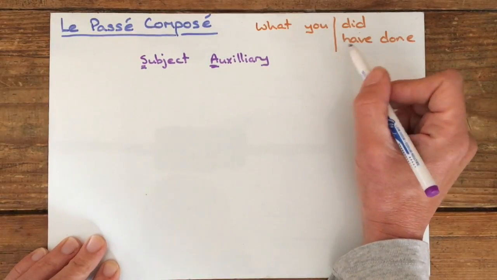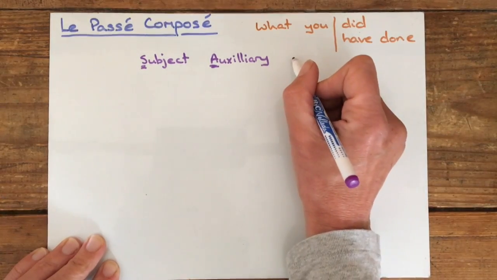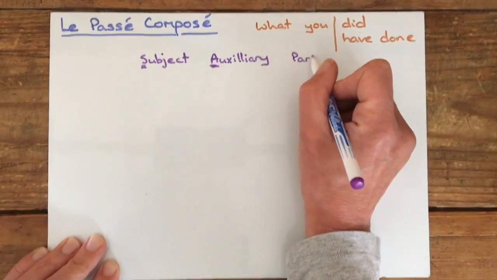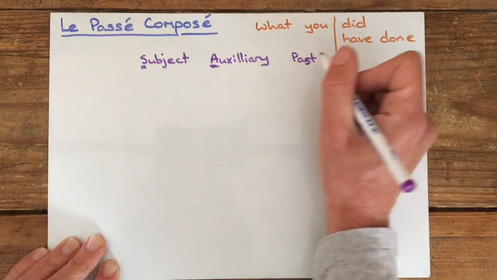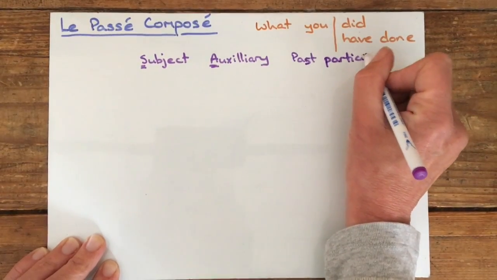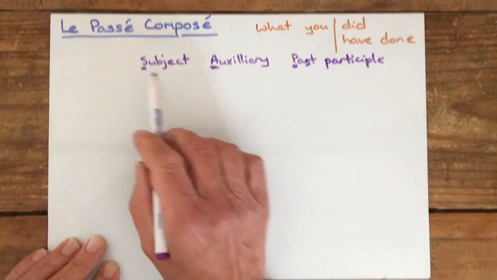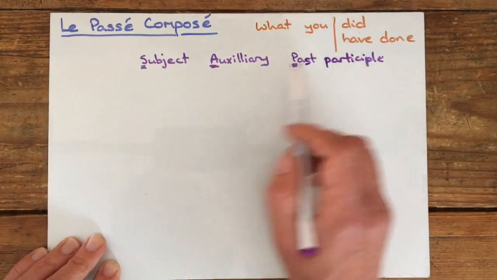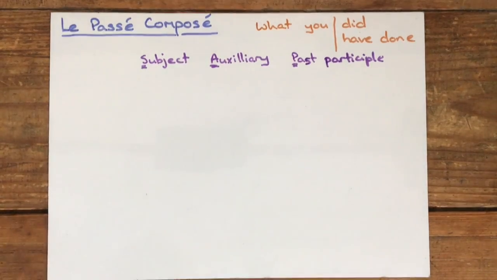I have watched, I have gone, I have eaten. Have is your auxiliary. And the third thing you need is the past participle. Okay, so it's SAP: subject, auxiliary, past participle. I have eaten, for example.